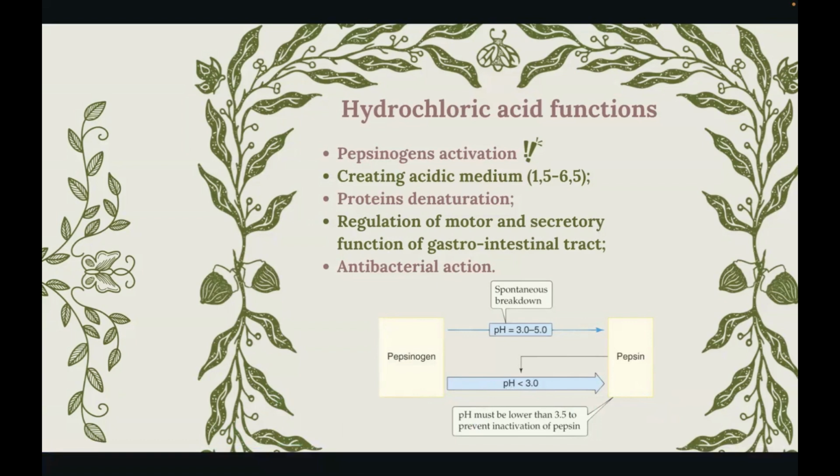Simply because pepsinogen is not broken down into pepsin unless it's a very, very acidic environment. It needs a very acidic medium, and the only thing that provides an acidic medium is the HCl. This is why it goes hand in hand.